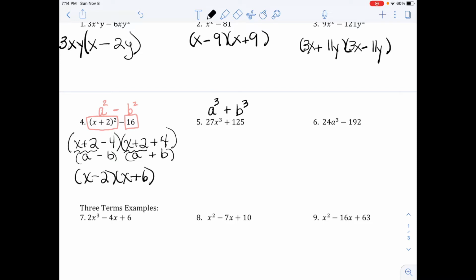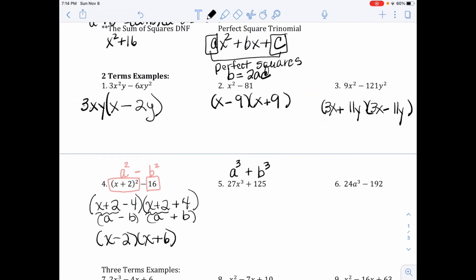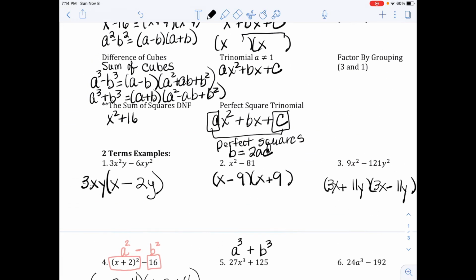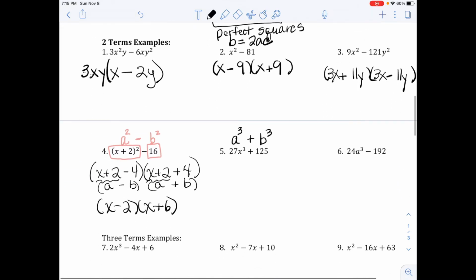Now, in order to apply that pattern, you see an A and a B in the pattern. In order to determine what they are, you have to cube root A cubed and B cubed.